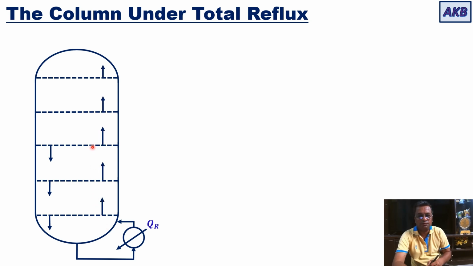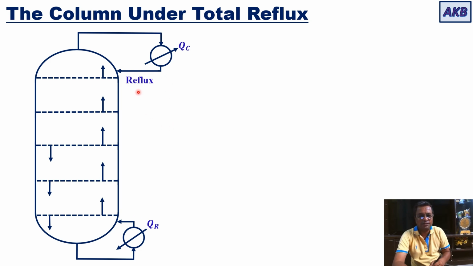Those vapors rise to the top, where they are removed and taken to the condenser. All of the vapors are condensed in the condenser and all of the condensate is sent back to the column as reflux. No distillate product is taken.